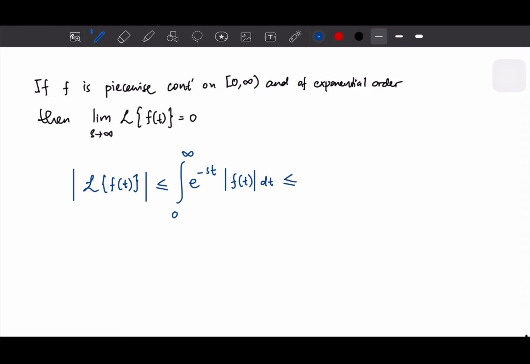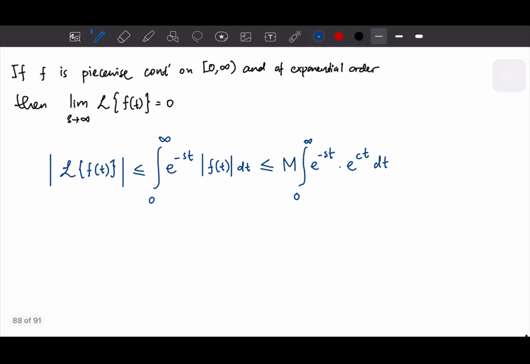And this is less than or equal to, if we take some value M and say that f of t is of exponential order, we take e to the power of a constant c times t. I think we have done this before, and we have these expressions. We can express this after we take the integration.